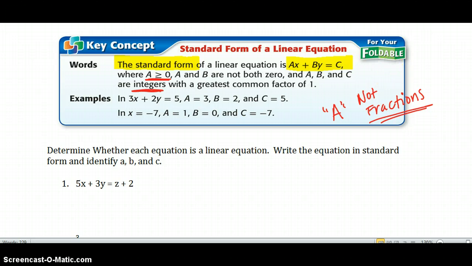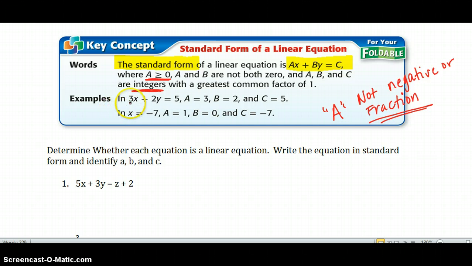And it cannot be negative. So not negative or a fraction. That's very important to know about A. Alright, it has a greatest common factor of 1.